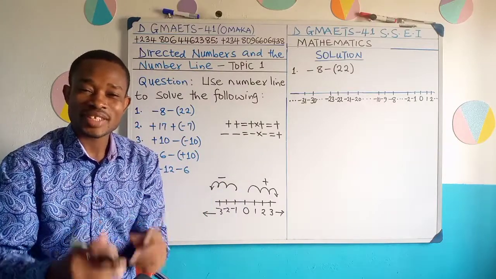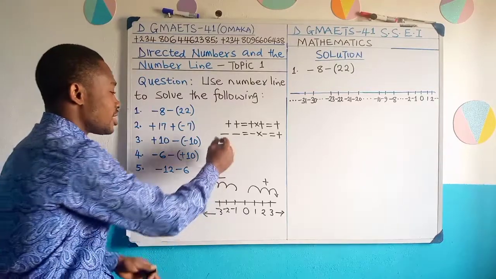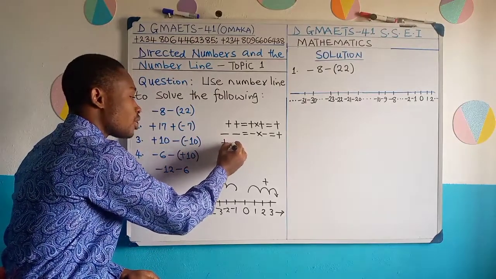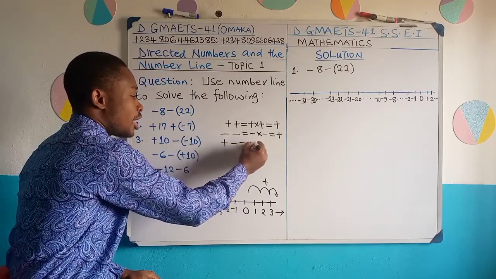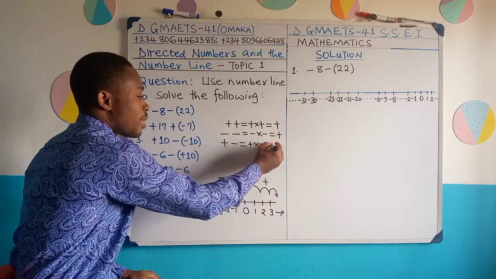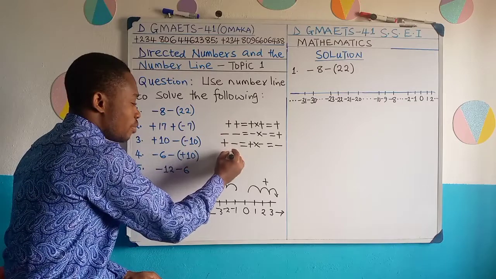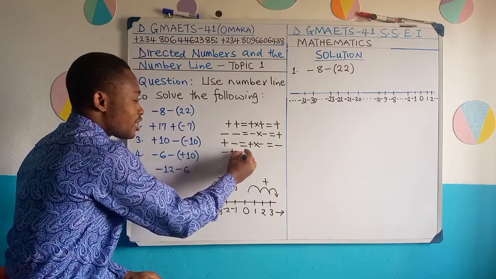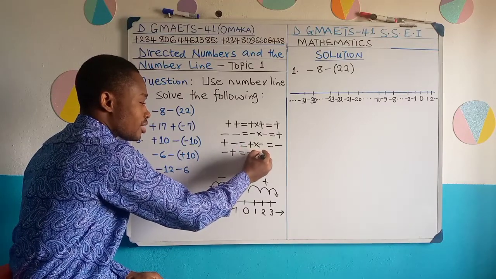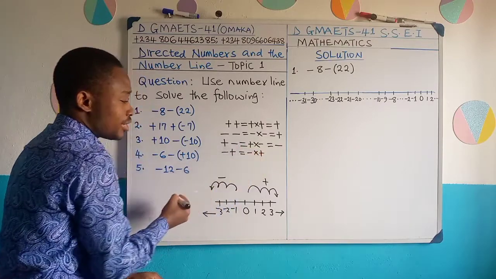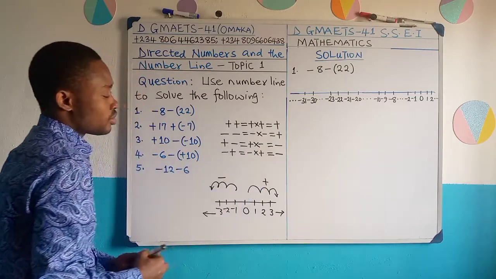Now, what if you have different signs? So let us look at that. Just imagine you are dealing with something, you have plus minus. This plus minus is the same as plus times minus. Plus times minus will give you minus. What if I arrange it this way? Minus plus. Minus plus is still the same as minus times plus, and that would still give us minus.